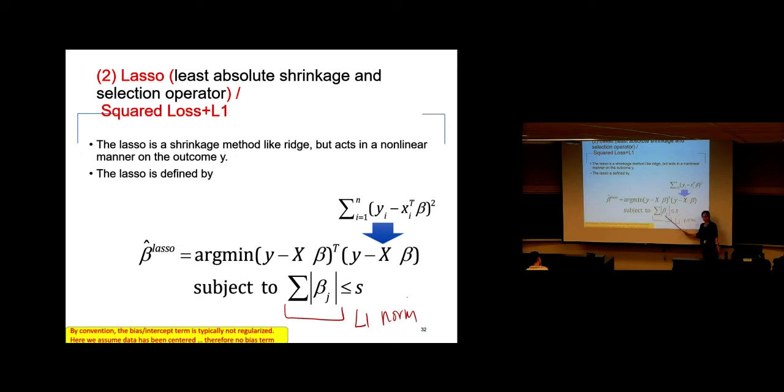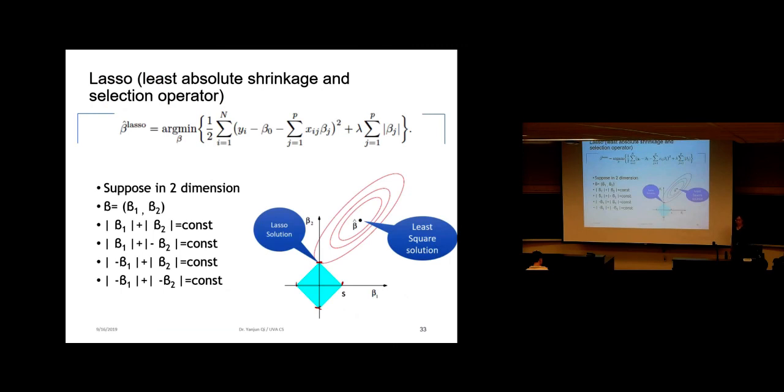Now we change to absolute value. We talked about it geometrically. You can actually prove it very easily. The boundary of that is the L1 norm. The boundary of the L1 norm is made of lines.